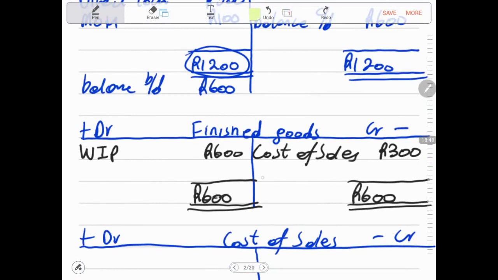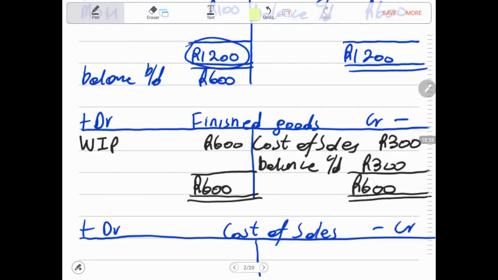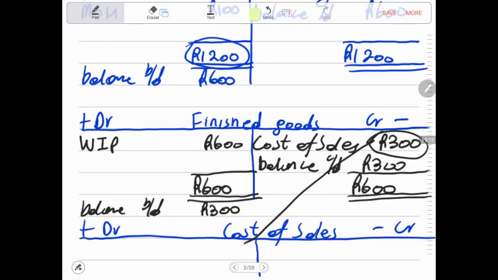So if that is the case, this will leave us with the inventory balance carried down of 300, and this is inventory of finished goods. Therefore now our inventory becomes 300, and this will be a balance brought down. Now remember, for every credit entry there should be a debit entry.